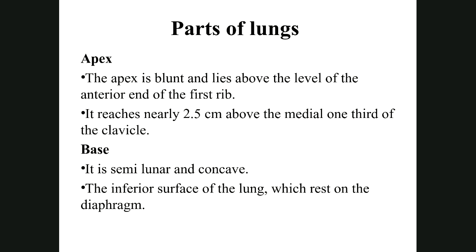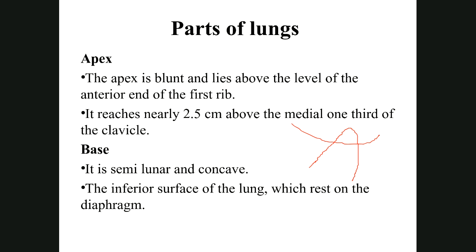So what are the parts of the lungs? First one is the apex. Where is the apex present? It is blunt and lies above the level of the anterior end of the first rib. So if this is the first rib, here sometimes the lung extends up above.